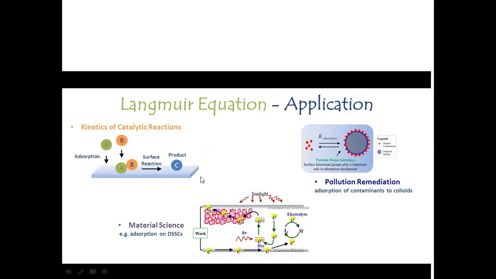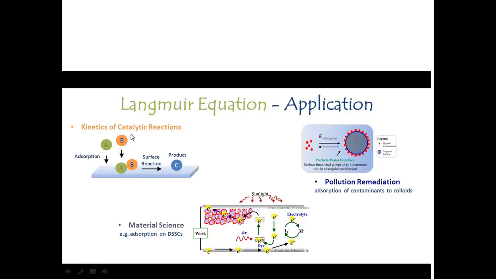Like here, this is your adsorbent, and all these are the adsorbate which are going to adsorb on the adsorbent, and after some sort of surface reaction, there may be a possibility of chemical adsorption or physical adsorption. Then you will get the final adsorption complex, which is the product. And here you can apply this Langmuir adsorption isotherm to study the details of the kinetics.